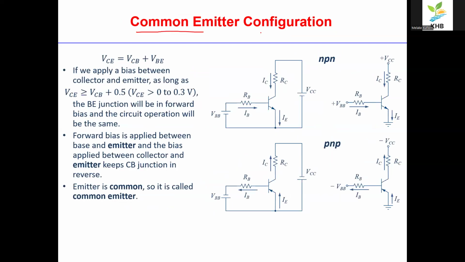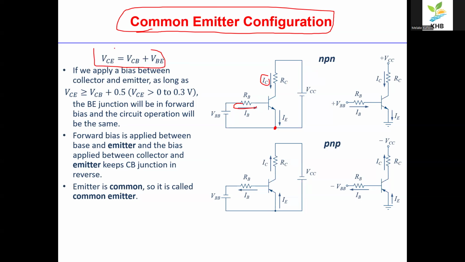So if we use a common emitter configuration, for example, as you can see, for NPN or PNP in here, we have a common emitter configuration. Then we have base current added to collector current. Okay, so in this scenario, we have the voltage across CE, which is across collector emitter.